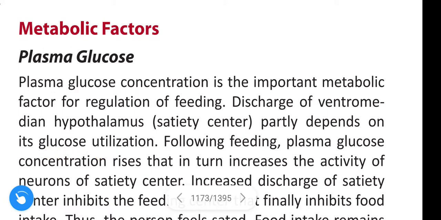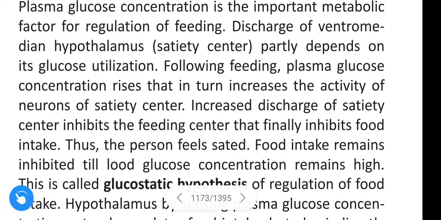Following feeding, plasma glucose concentration rises, that in turn increases the activity of neurons of the satiety center.